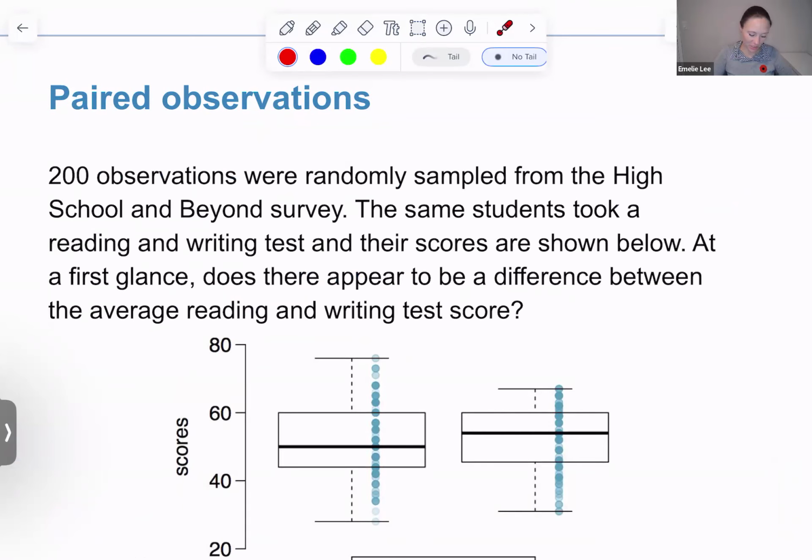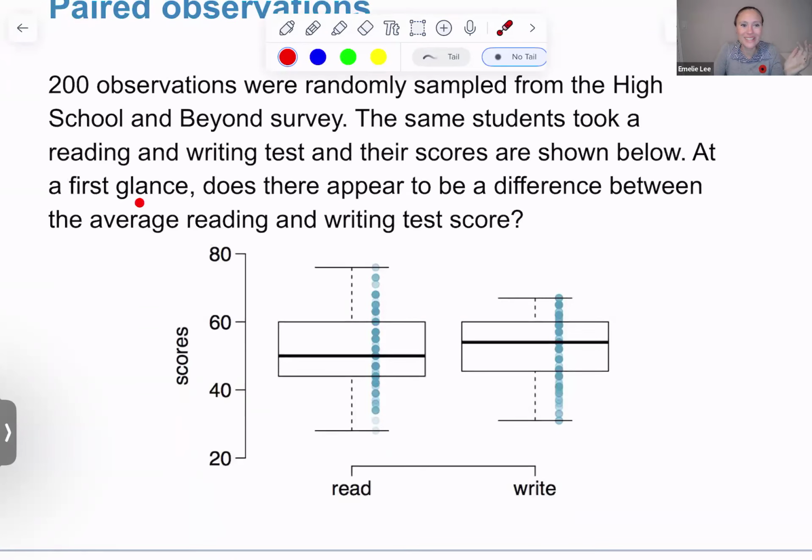So paired observations, if you have 200 observations that were randomly sampled from the High School and Beyond survey, a survey they do in the States. The same students took a reading and a writing test, right? So two different tests, and their scores are shown below. At first glance, does there appear to be a difference between the average reading and writing scores? I would say my gut reaction is not really, right?